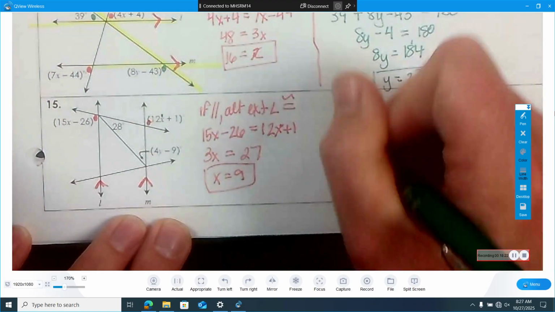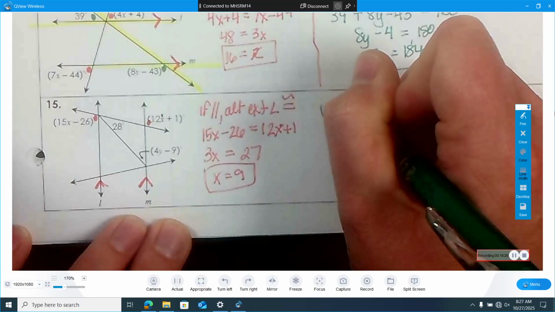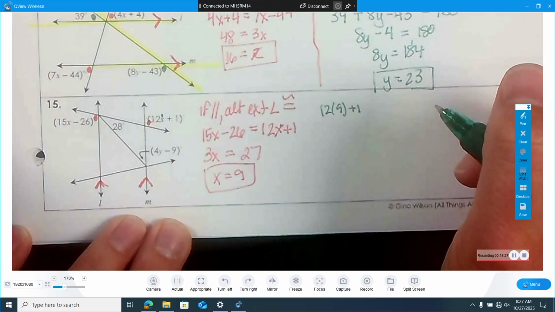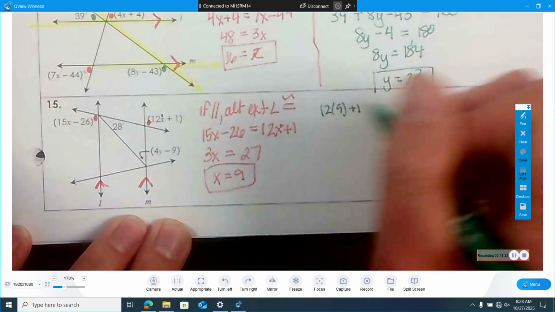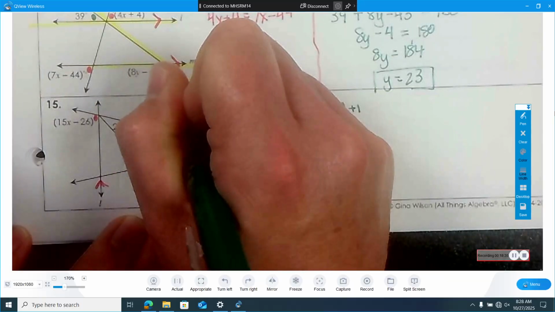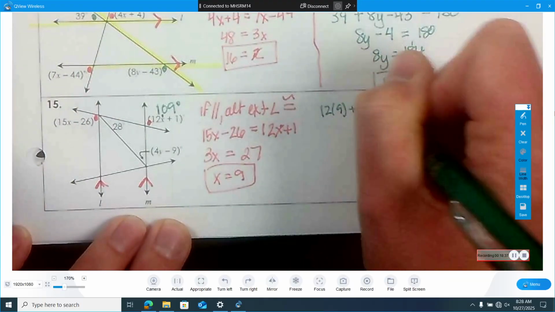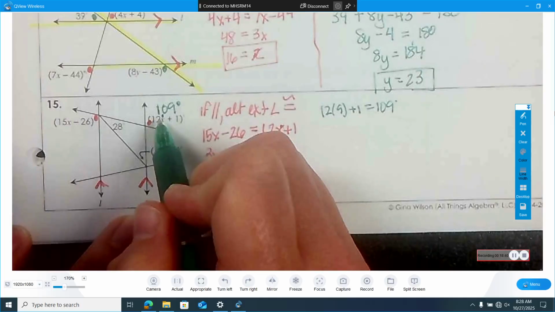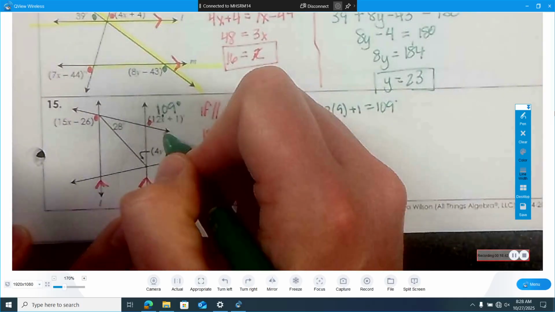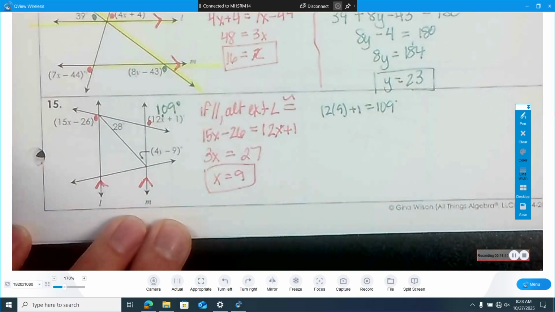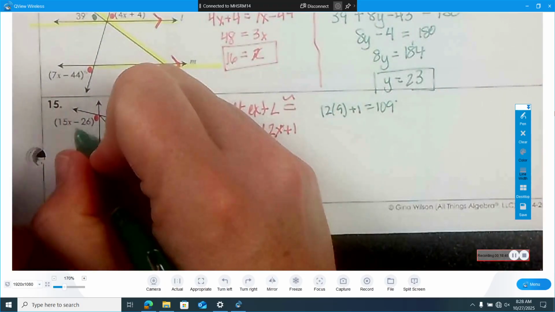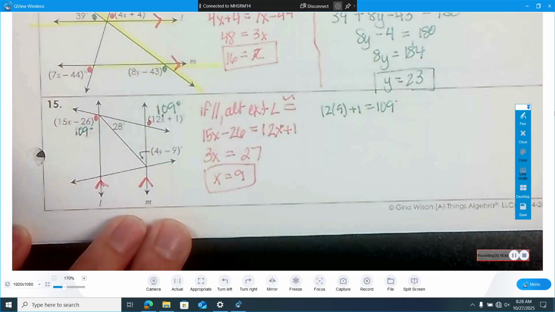So we get 12 times 9 plus 1. 9 times 12 is 108, so 109. Okay, so 109 degrees for these two angles. These would be the same. This is also 109 degrees.